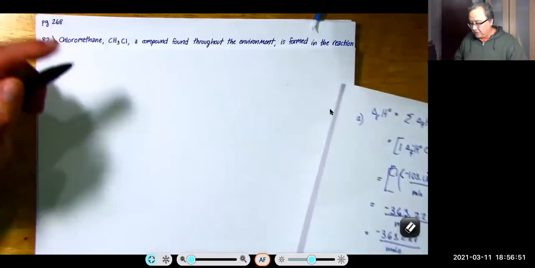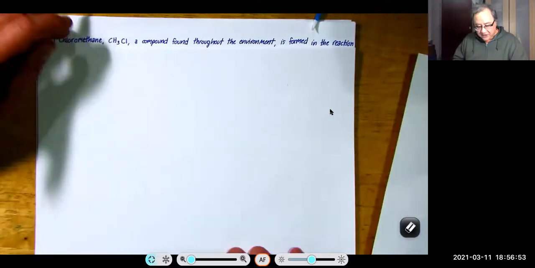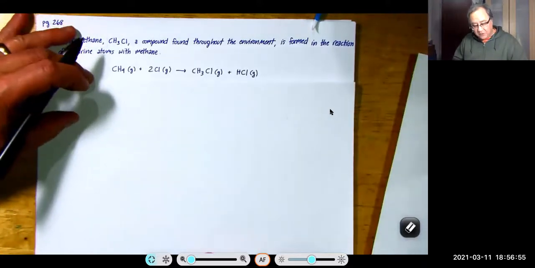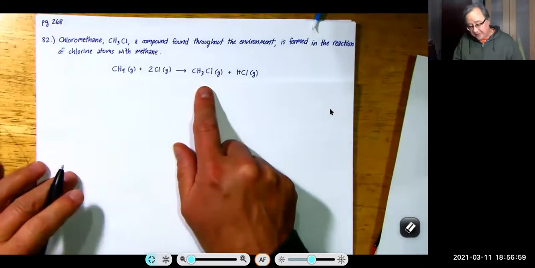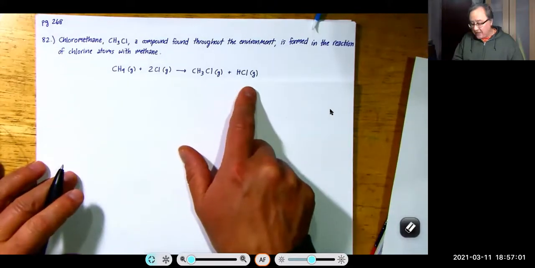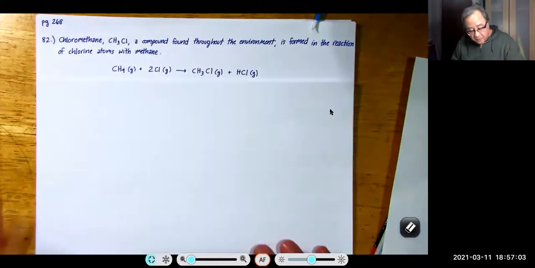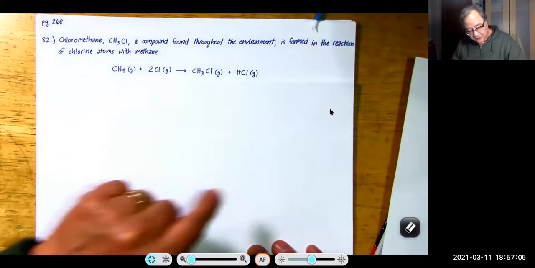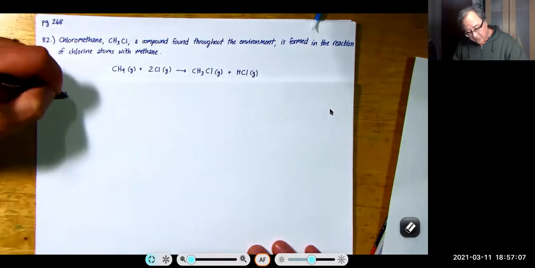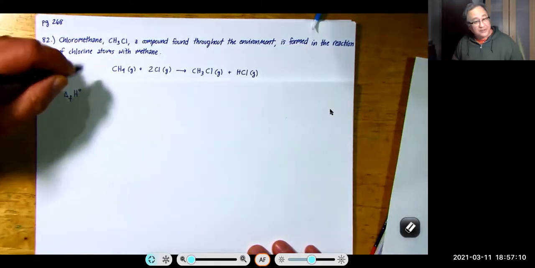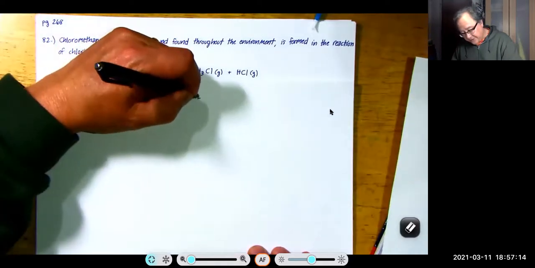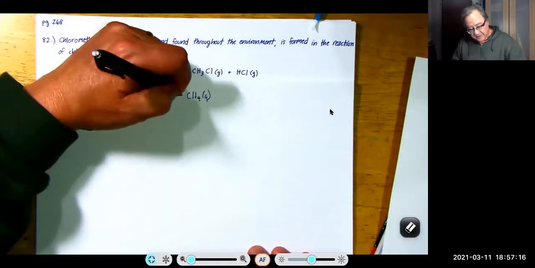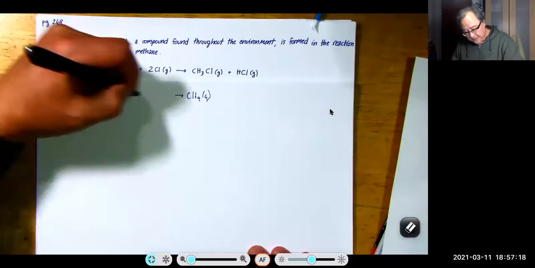Okay, so we have that the reaction is CH4 plus 2Cl gives you CH3Cl gas plus HCl gas. And we used enthalpies of formation for each of these. So let's write out the enthalpy of formation reaction for each of these. So for CH4 gas, it's made from carbon and hydrogen.